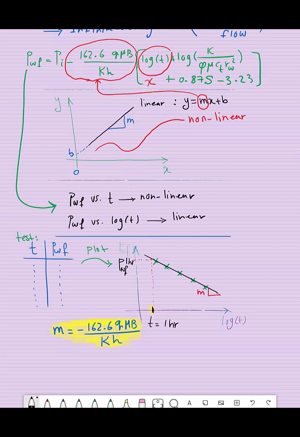So I'm just plug these values in this equation and rearrange the equation and find the stuff.